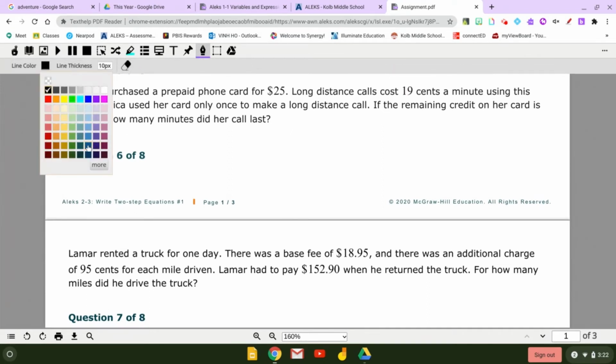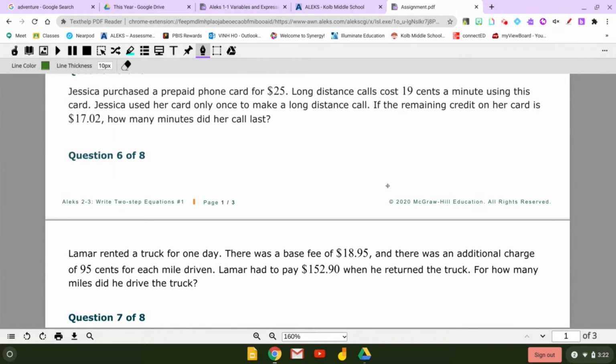Let's see this. Jessica purchased a prepaid phone card for $25. Long distance calls cost 19 cents a minute using this card.